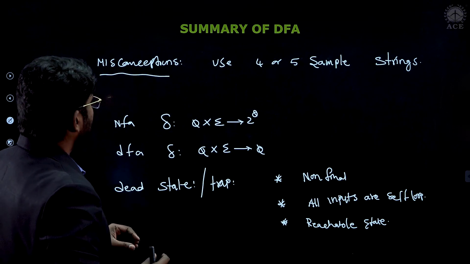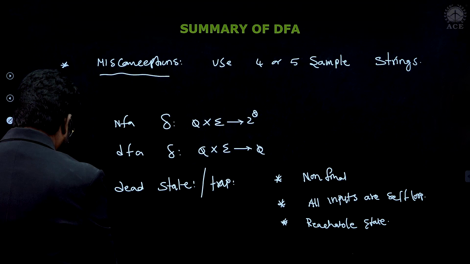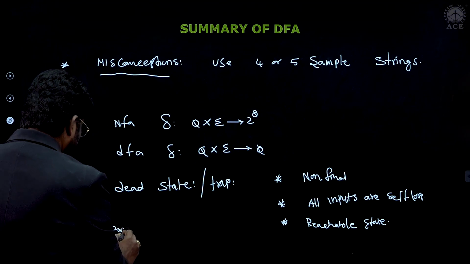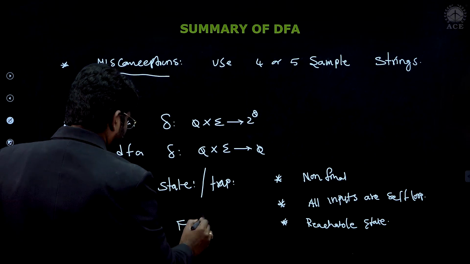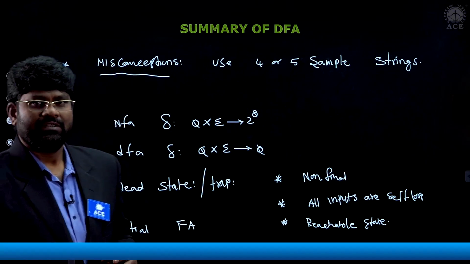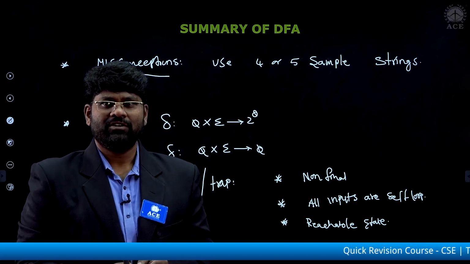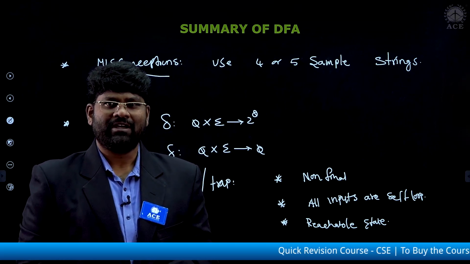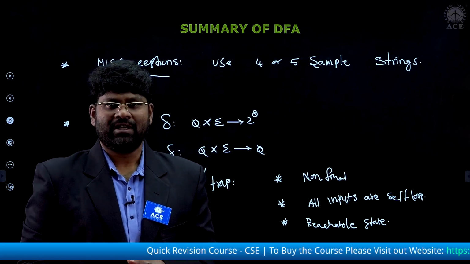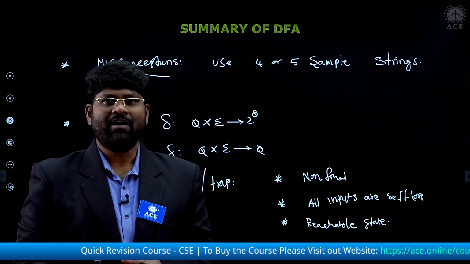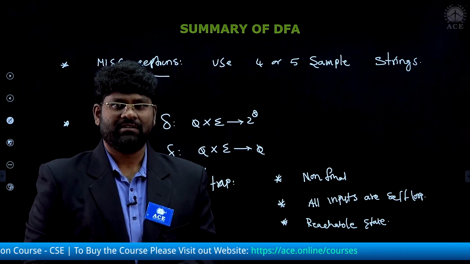Then the other thing you have to look into: sometimes partially completed machines will be given to us. Partial finite automata. You will be given the language, and for that language you need a finite automata, which can be an NFA or a DFA. But the finite automata will be partly constructed, and the rest you have to construct.